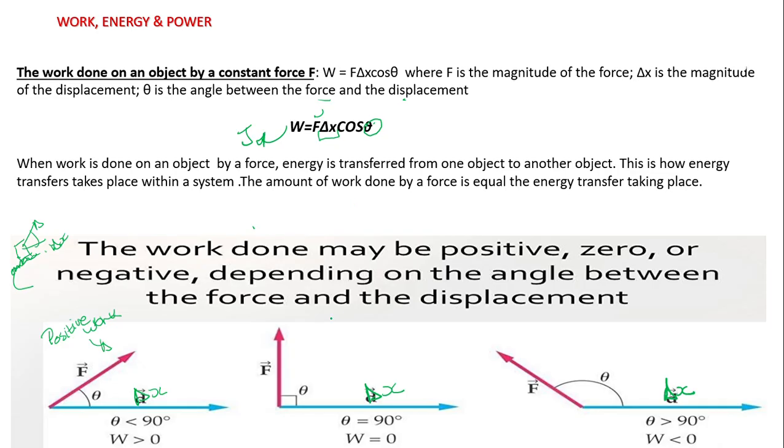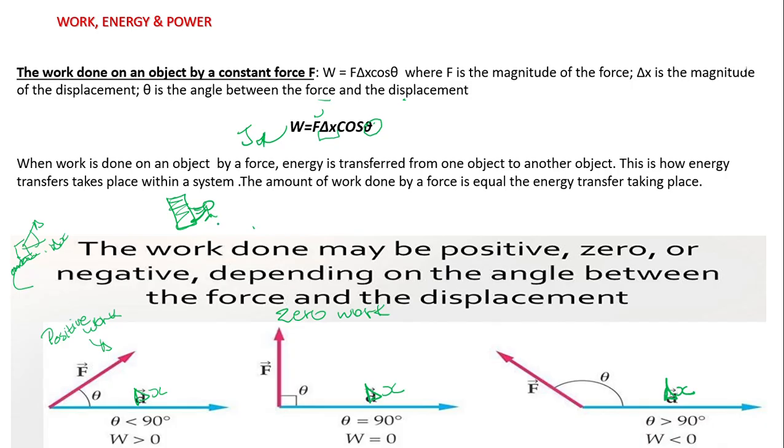Then here we have zero work. The angle there must be 90, and then you're going to perform zero work. So if you are pushing a wall and the wall doesn't move, you are applying a force at an angle, and once you get cos 90, you'll get 0.